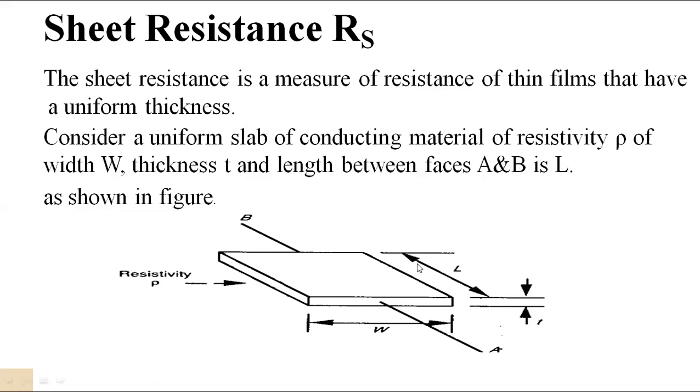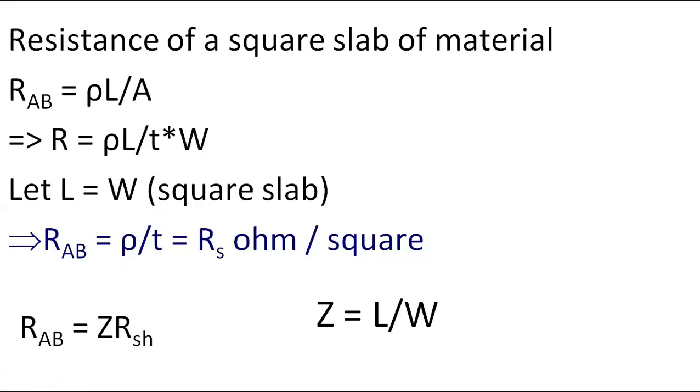L is the length of the sheet, W is the width of the sheet, T is the thickness of the sheet, and rho is the resistivity of the sheet. From this we will find the derivation for the sheet resistance. Consider the resistance of a square slab of material. When we say square, it should be length equal to width. The resistance is derived as rho into L divided by area.